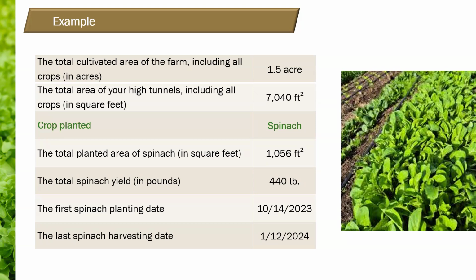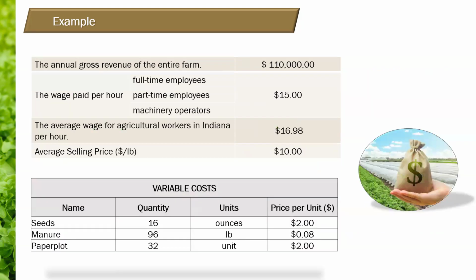So the planting began on October 14, 2023, and the final harvest was on January 12, 2024, which yielded 440 pounds of spinach.